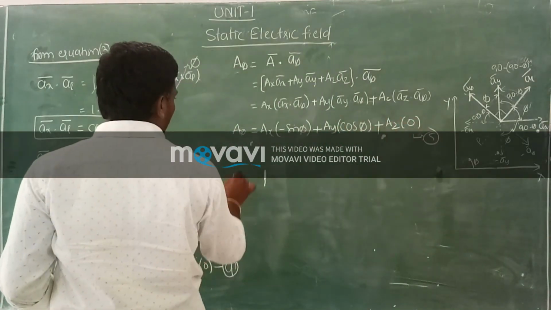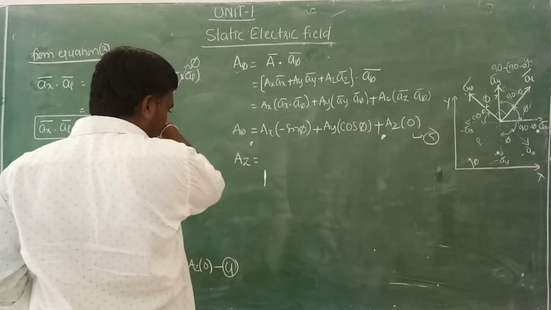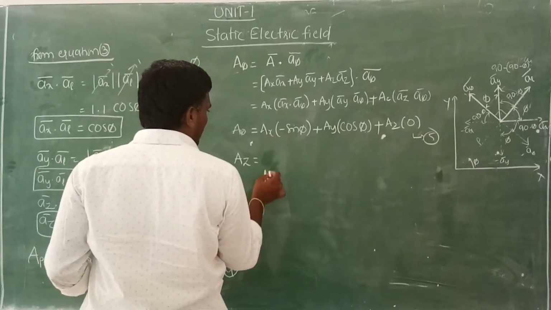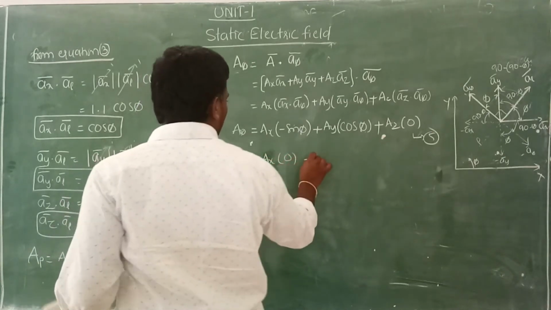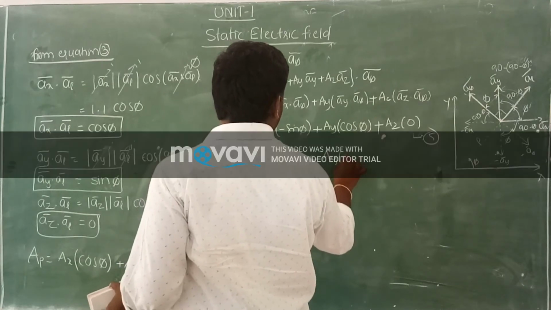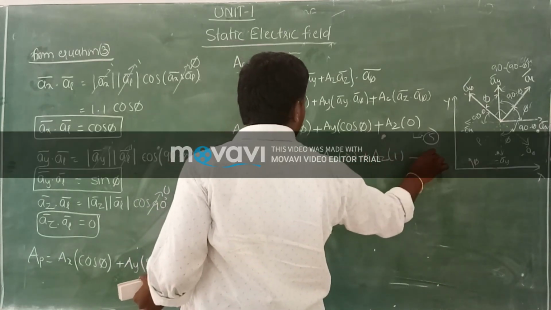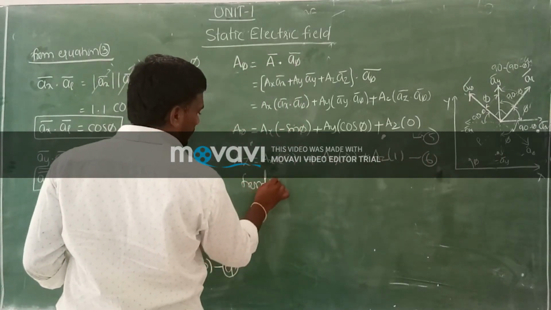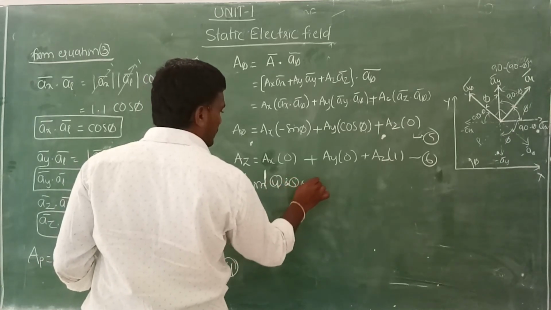Similarly, for the other component, A_z, it is the same for cylindrical and Cartesian coordinates, so it is 0 plus A_y into 0 plus A_z into 1. It is equation number 6. From 4, 5 and 6.